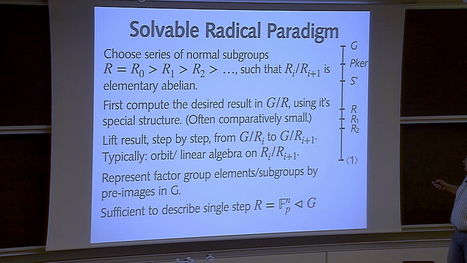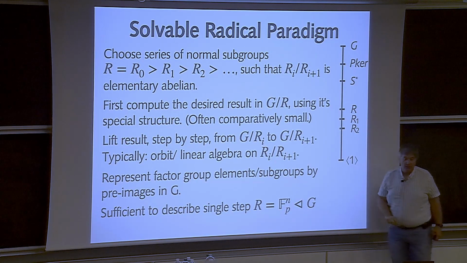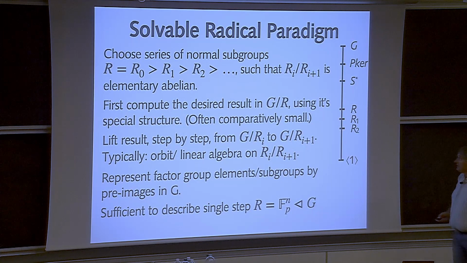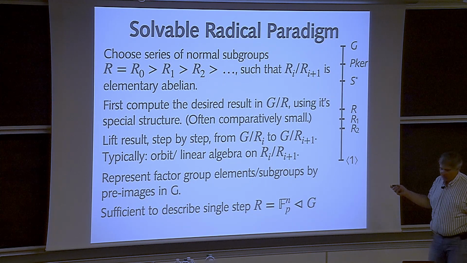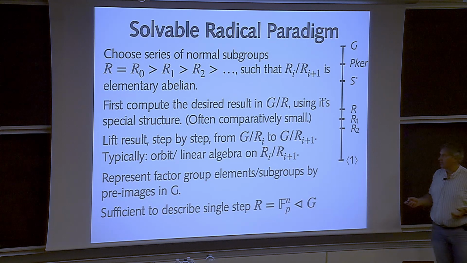That is, assuming we know it for a factor group, we obtain the same result for the next largest factor group, and so on. So each time we're adding such a module to it, and adding the module will basically reduce to linear algebra on the vector space. And linear algebra might include things like cohomology or orbit calculations on the vector space, but things which one can do.